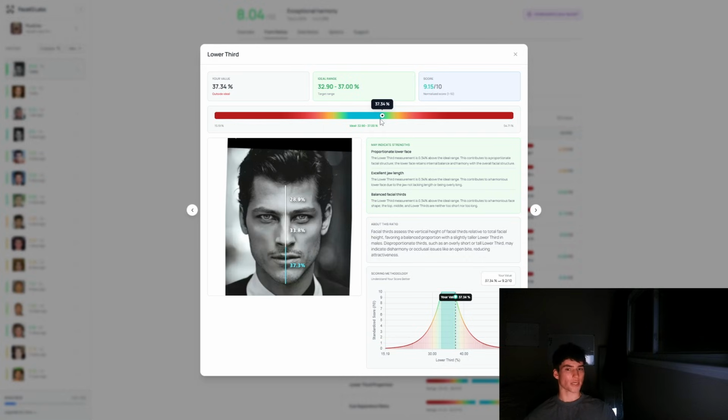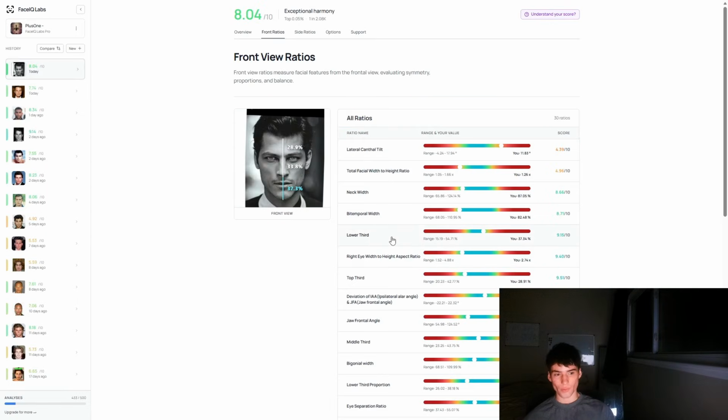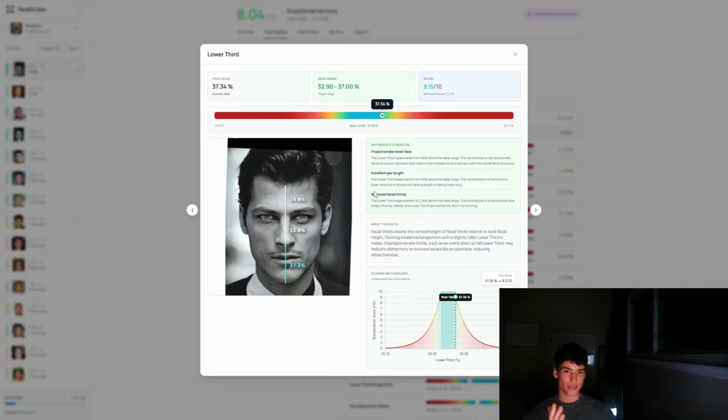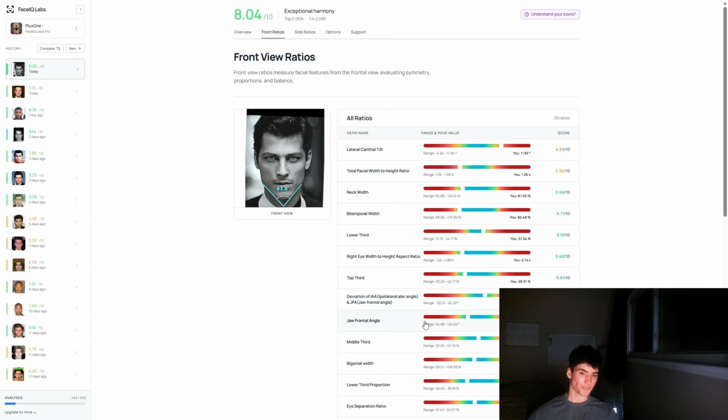So it would make him more outside the ideal, actually. So he might even be at a 39% for his lower third, which is not ideal, right? So his lower third is on the bigger side, right? But it is very close to this range. So good on him, right?